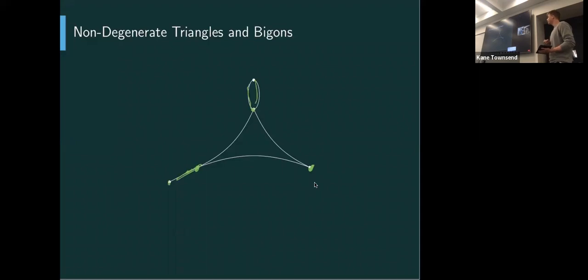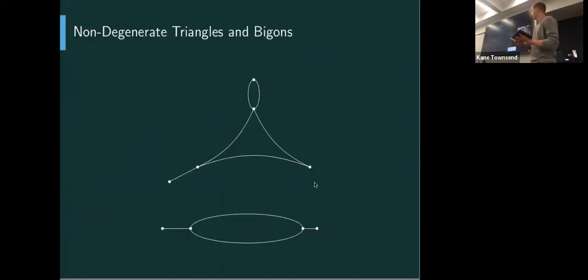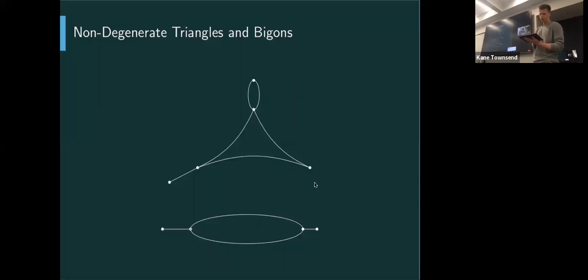You could define the degenerate triangle by any three vertices, but we want to exclude these types. I want to do the same for bigons. A non-degenerate bigon would just be these two parts and nothing that looks like this.